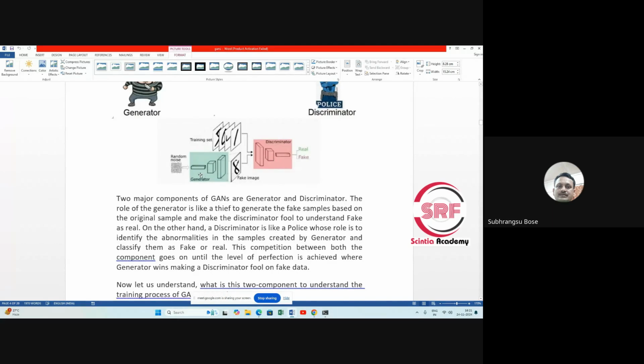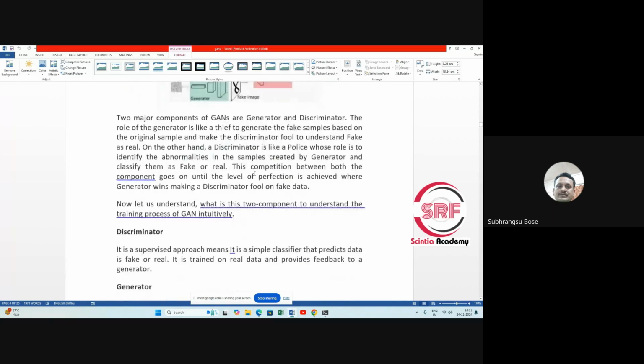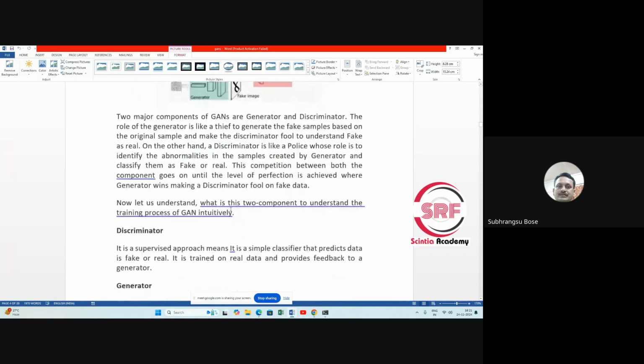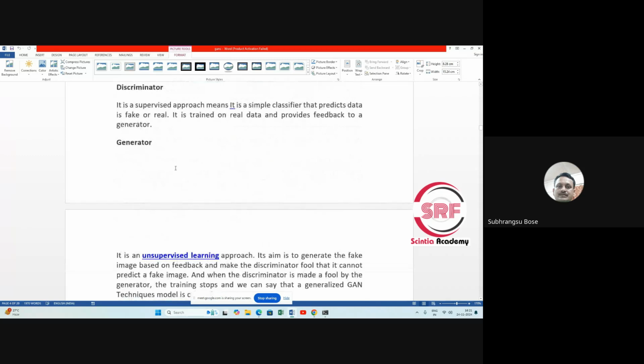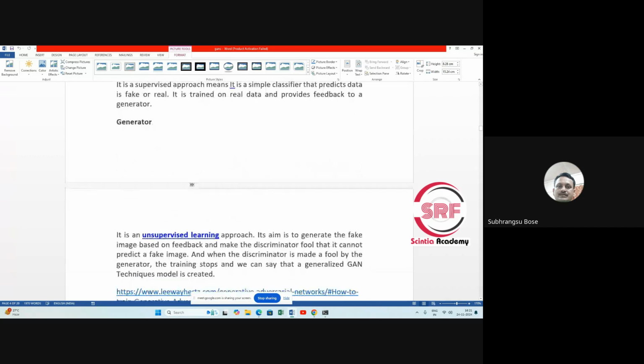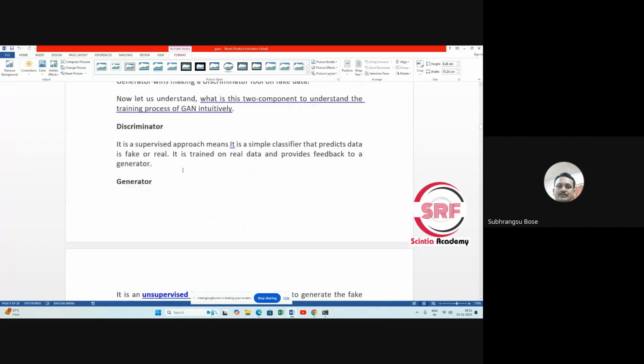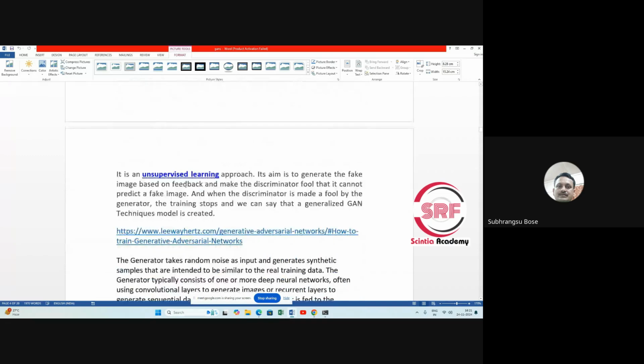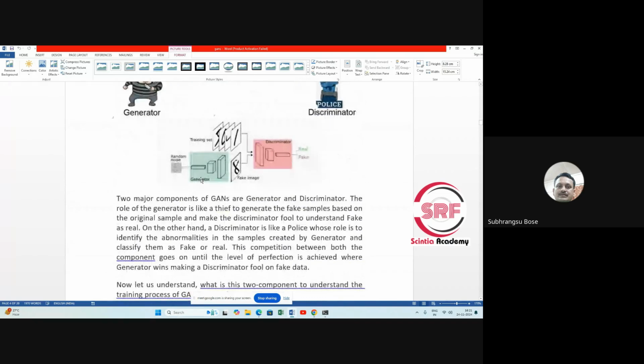The discriminator mainly classifies in binary ways. And the generator neural network model creates one image. One important thing for the generator is that it is an unsupervised learning approach. Why? Because the generator creates the image from scratch or from random noise.